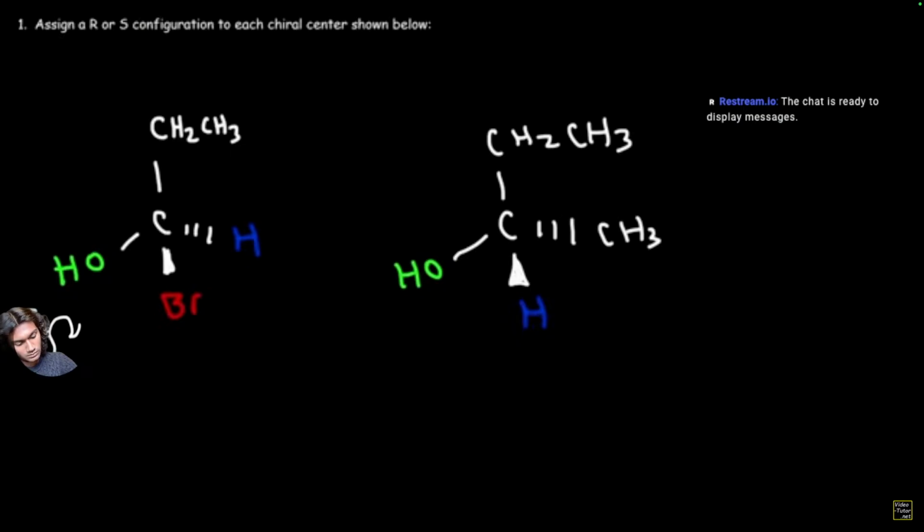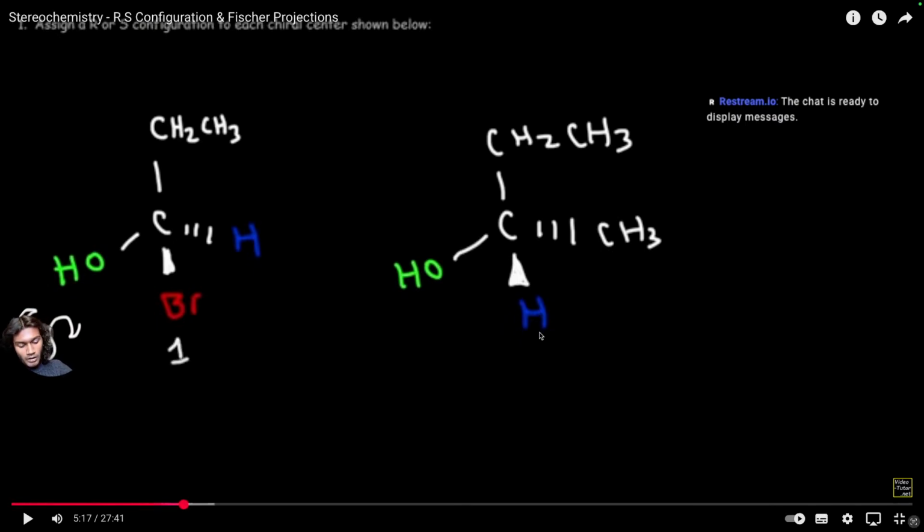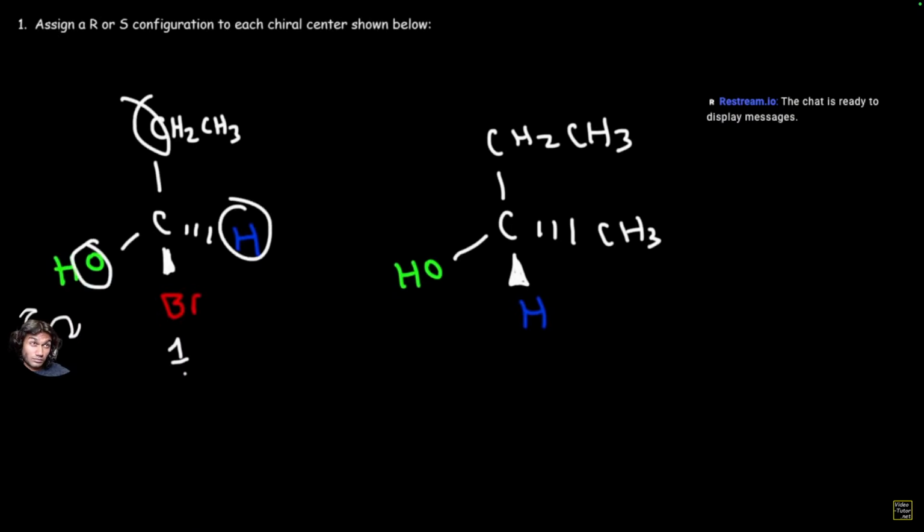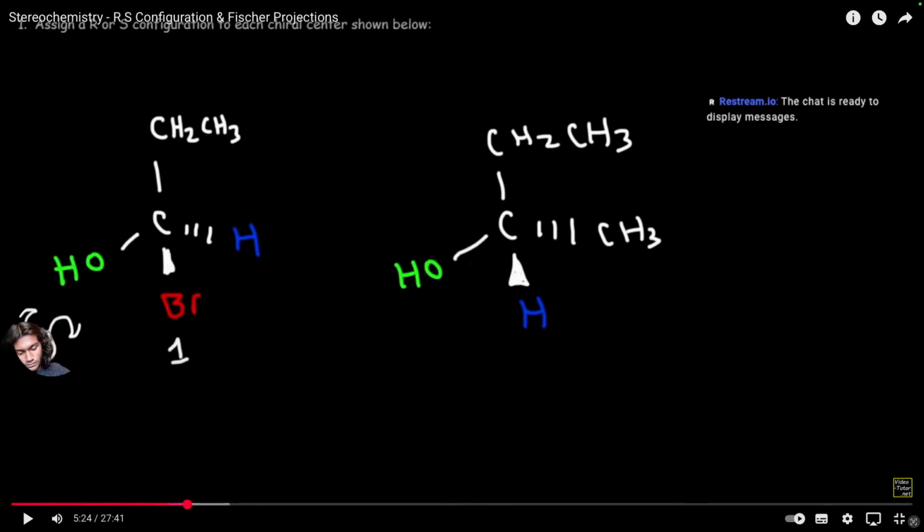The first thing we need to do is determine which group has the highest priority. So we know it's going to be bromine. Next, if we compare oxygen to carbon and hydrogen, we know oxygen is going to have a higher atomic number.